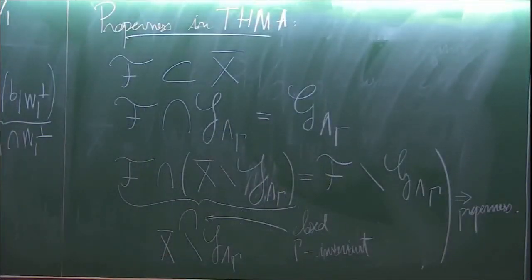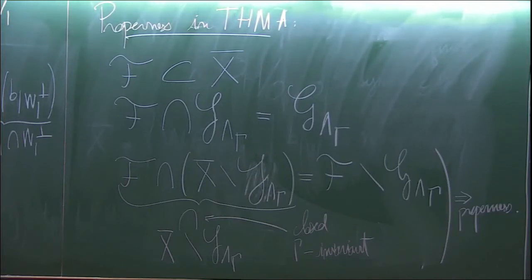So it means that every limit of gamma n of wn in X bar is contained in Y subscript L, and L is a point of lambda gamma.